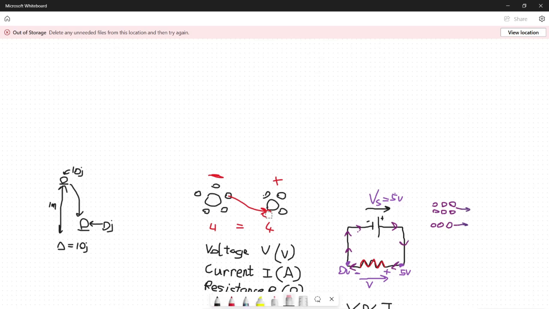If I were to take away this, and instead of having 3, I have 2 ohms. So now, before, when we had 3 electrons on this side, we needed only 1 electron to balance it. Now I need this to come back, which gives me 3 on this side and 4 on this side.